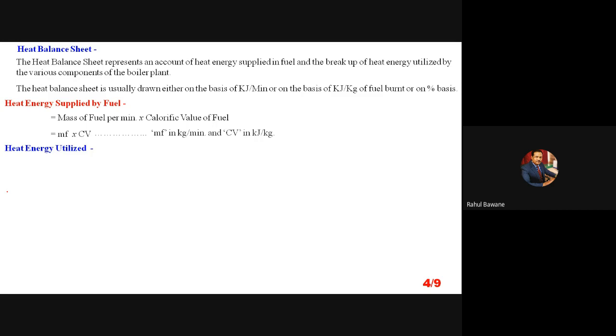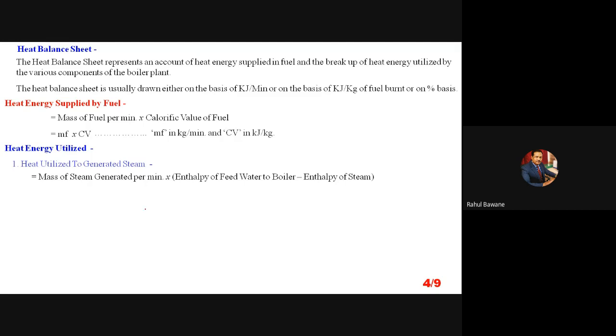Now how is it utilized? The first part is heat utilized to generate steam. Some amount of heat is directly given to the boiler, which generates steam. How much heat is actually utilized to generate steam?